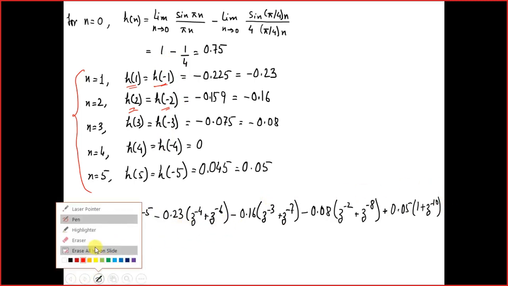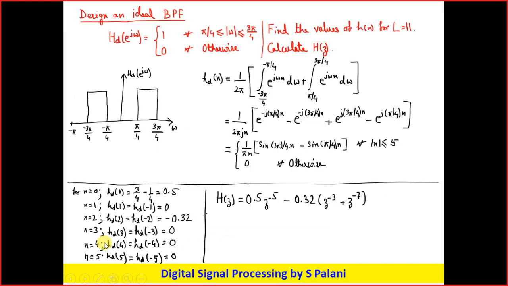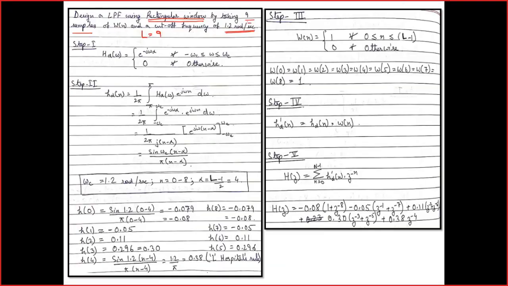However, the other method of doing this is we go for Hd of omega equal to e to the power minus j omega alpha, where alpha, as we have discussed, is (L minus 1) divided by 2. So in this case it is 4.